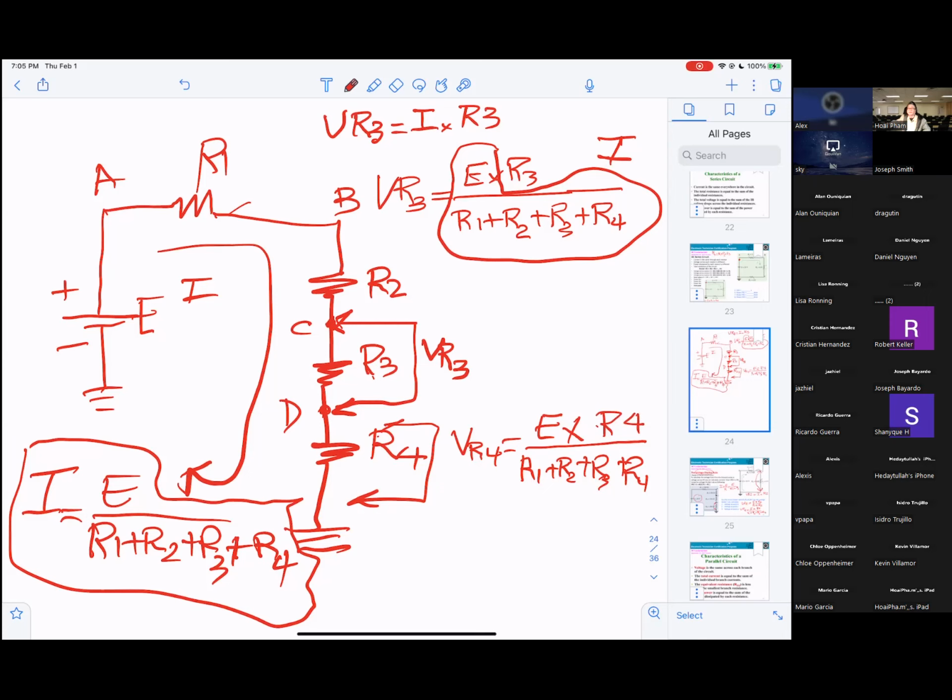That's what we call the voltage divider law. Okay? So, anyway, we'll stop.